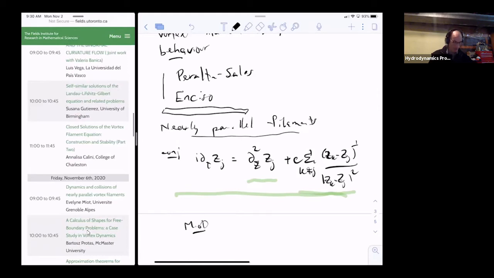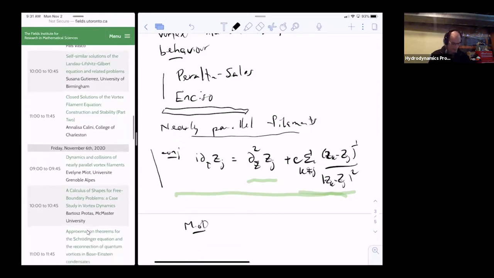I think she'll construct solutions to the system in which collisions occur, and she'll describe the approach to collision and so on. And so that's an interesting talk.